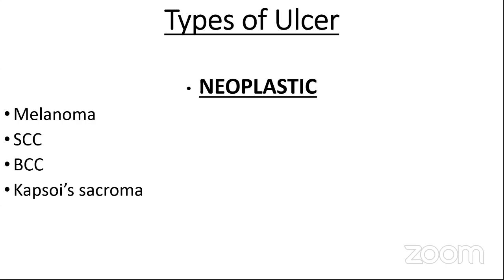Neoplasia can be due to melanoma, squamous cell carcinoma, basal cell carcinoma, and Kaposi's sarcoma, a specific connective tissue sarcoma in patients with HIV infection. Melanoma, squamous cell and basal cell are usually seen in the face region.